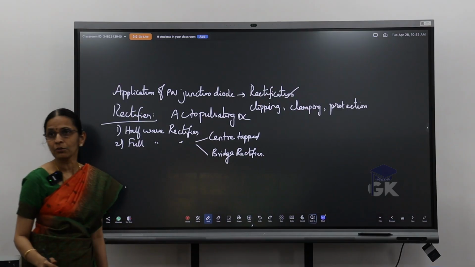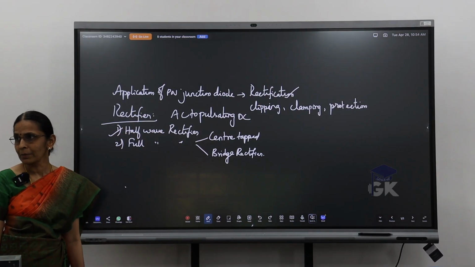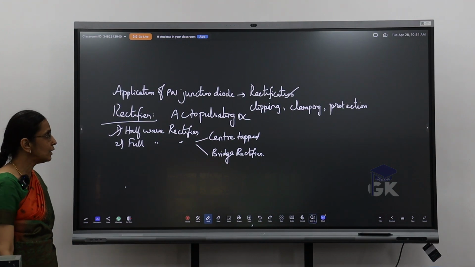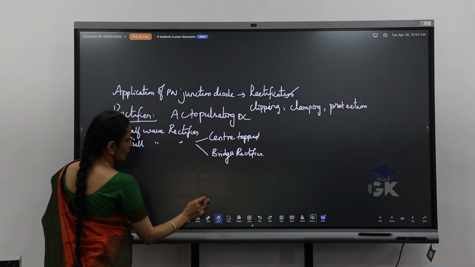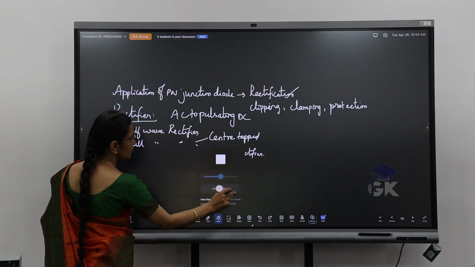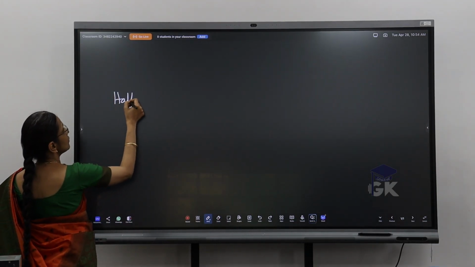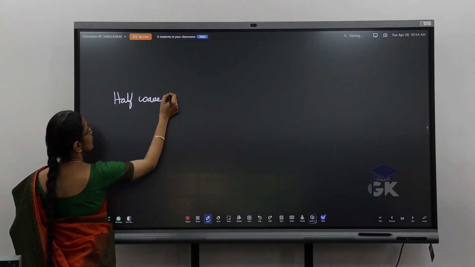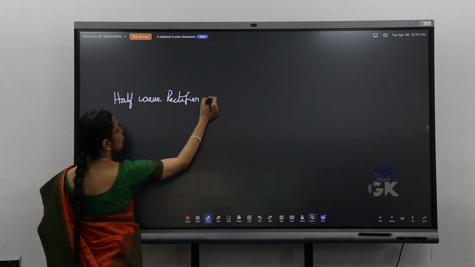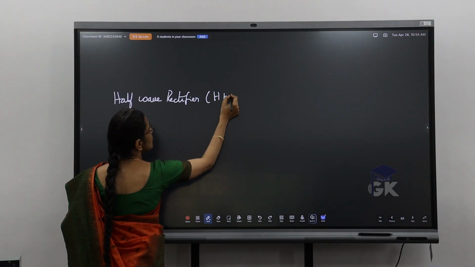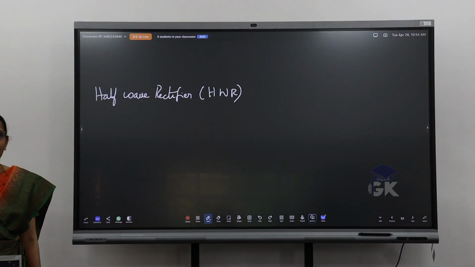What we are going to learn now is about the half wave rectifier. It's a simple circuit. Half wave rectifier is in general written as HWR.